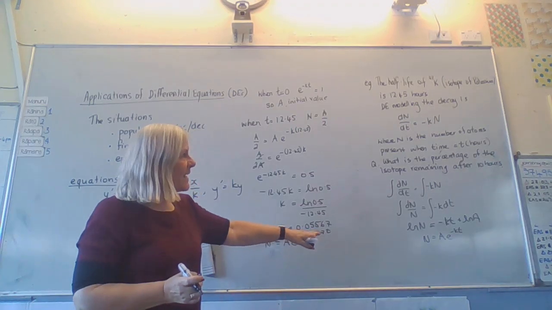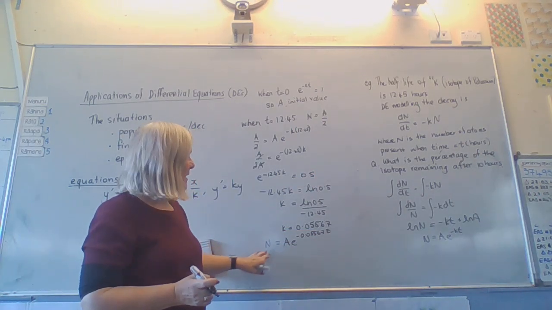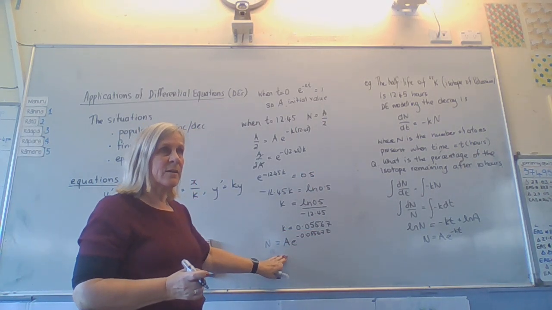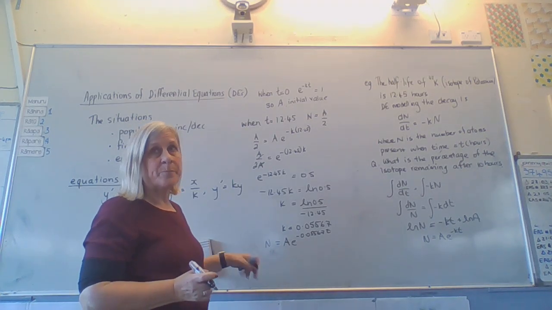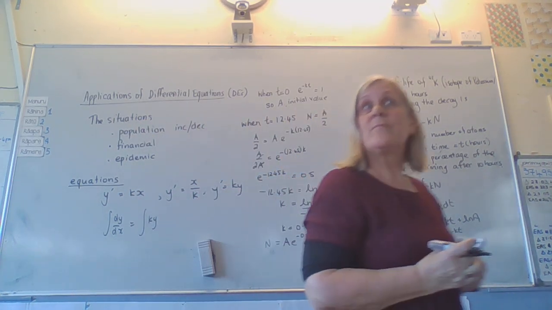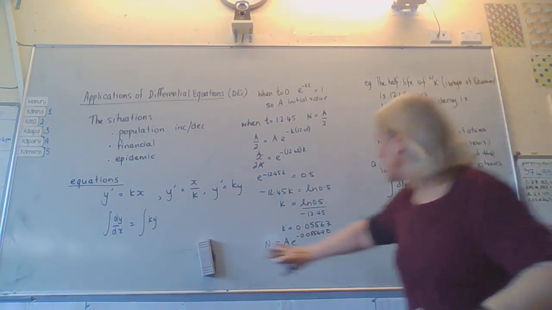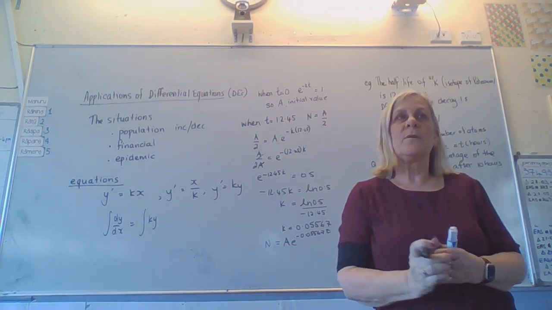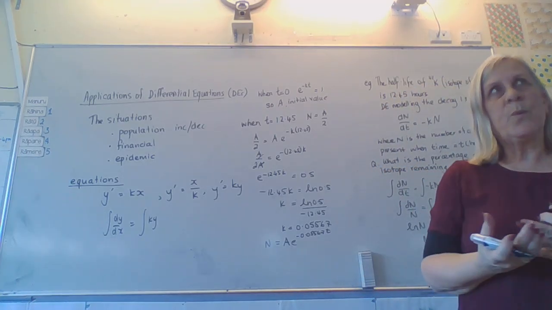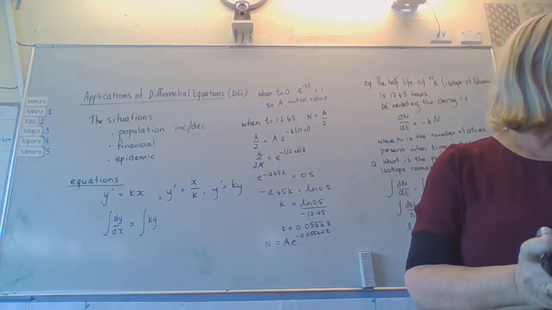So if we're going to put 10 hours back in there, we've still got A. So we need to discover what A is. All right? How are we going to do that? So the proportion? What is the percentage?